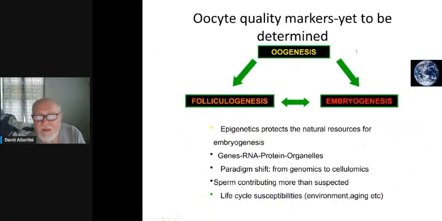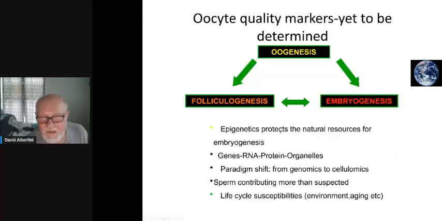And it's really bringing us back to the point of understanding that oogenesis, and what makes a good oocyte to support embryogenesis, is really the result of a complex interplay between ovarian physiology and, of course, reproductive tract physiology.